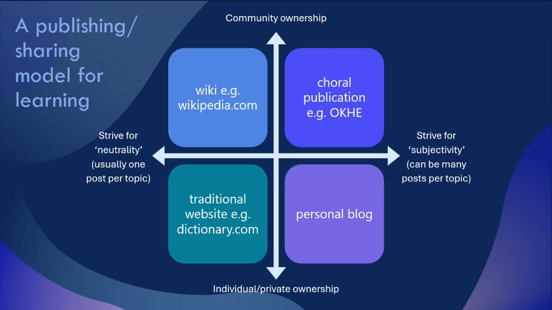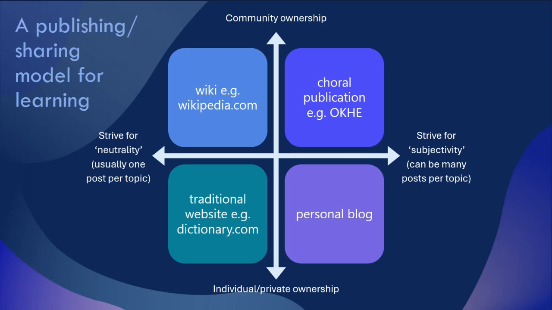That's not what we wanted. We wanted subjectivity. We wanted to capture many different voices, many different viewpoints on openness. So this model, which is outlined in a lot more detail on the accompanying blog post, kind of shows some of the different things we considered. There are pros and cons to all of them.